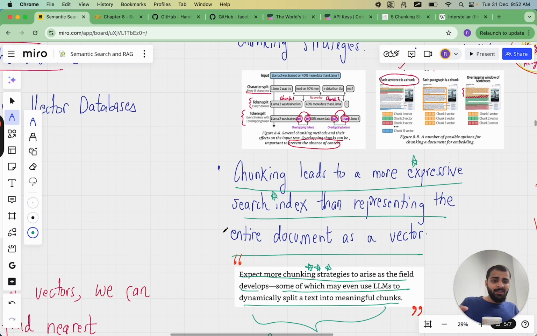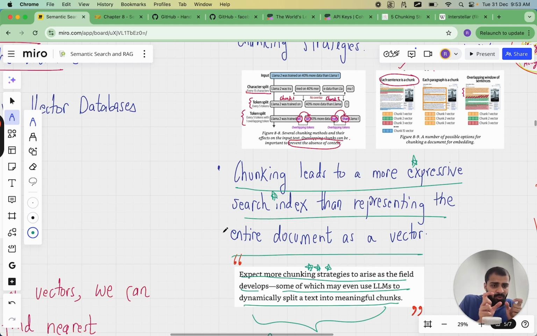Now the challenge is that there are embedding models to convert documents, but the problem is what to embed, that's the bigger question. Whether I will embed individual sentences or whether I will do paragraph-based chunking. So that's where chunking comes into the picture. We know how to embed, but companies and startups are struggling right now with what to embed.